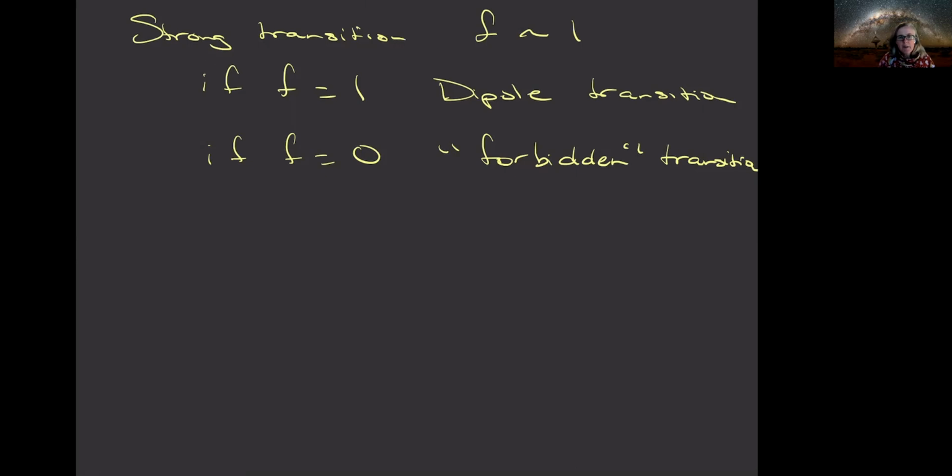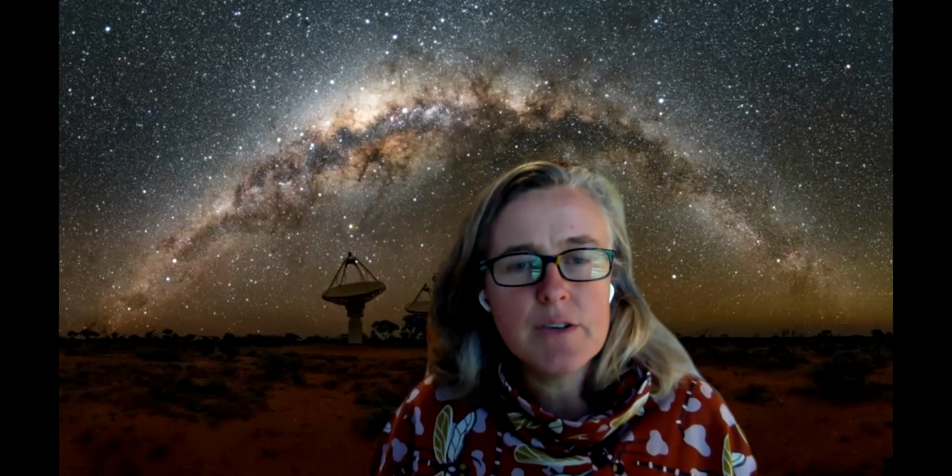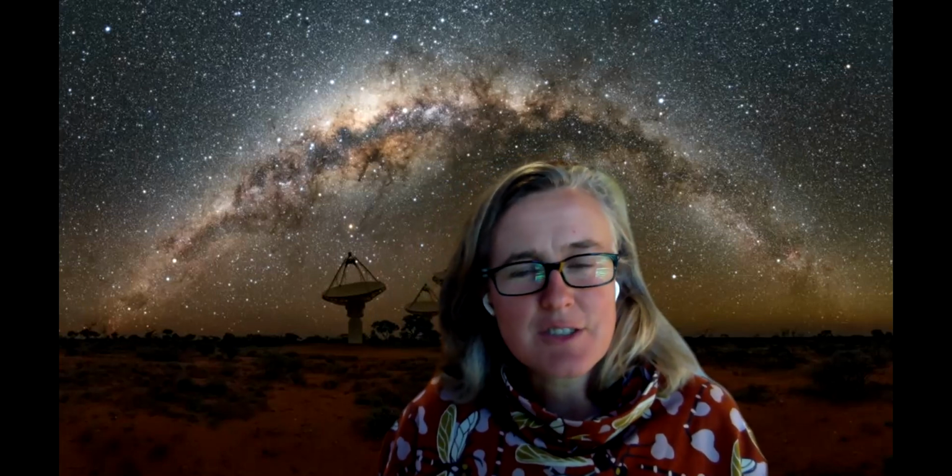So our next step, now that we've actually gotten to the place of having Einstein A and B coefficients, which should allow us to derive emission coefficients and absorption coefficients, which are the key elements for understanding our radiative transfer, we need to move on to understanding what transitions are allowed, which transitions are forbidden, and what are the rules that define those. And these are the so-called selection rules, and we'll pick that up in our next lecture.